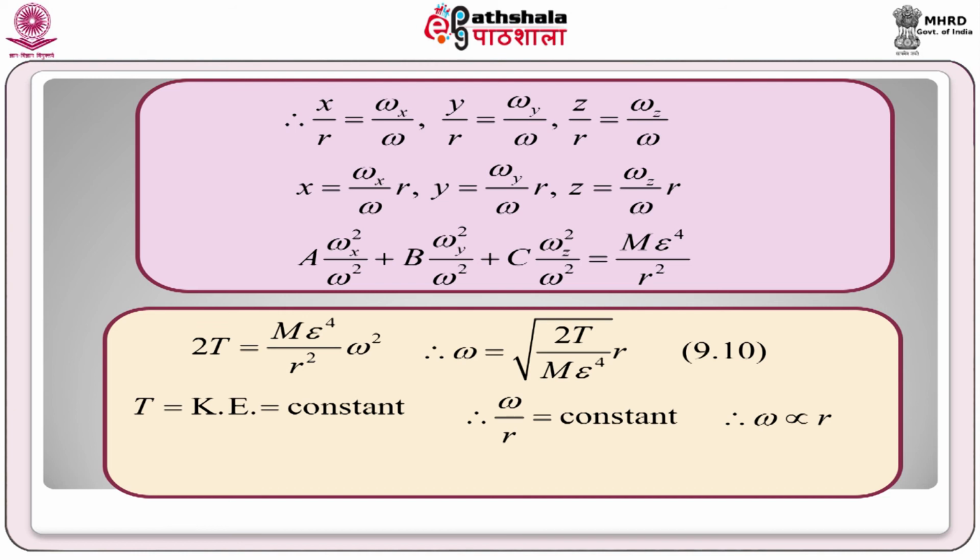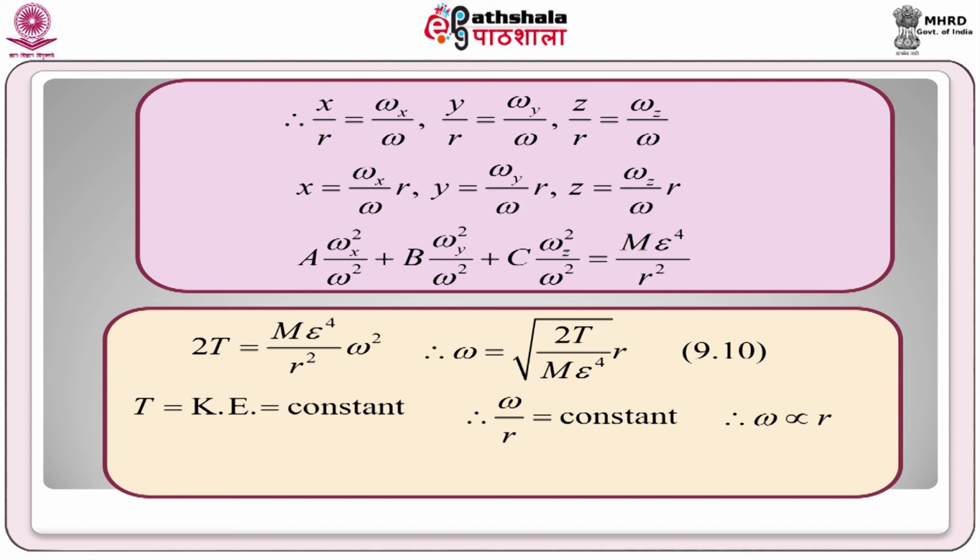Please note that ωx, where x stands for a suffix, is the angular velocity about the x axis. From this relation one can obtain ω, given by relation 9.10.